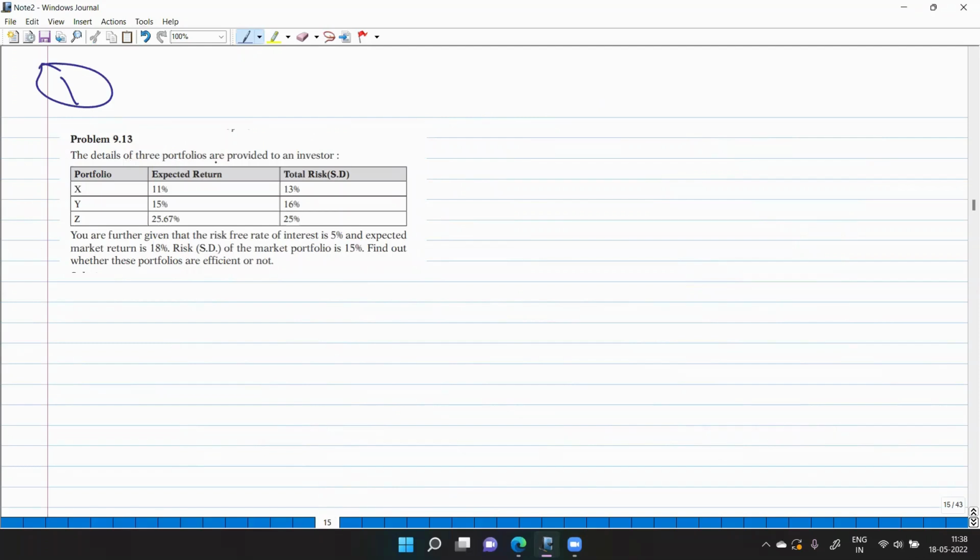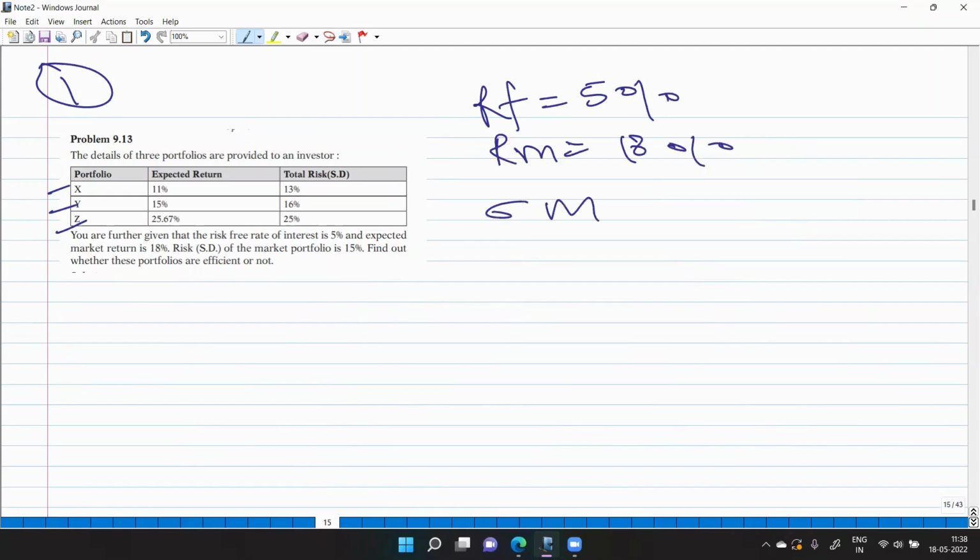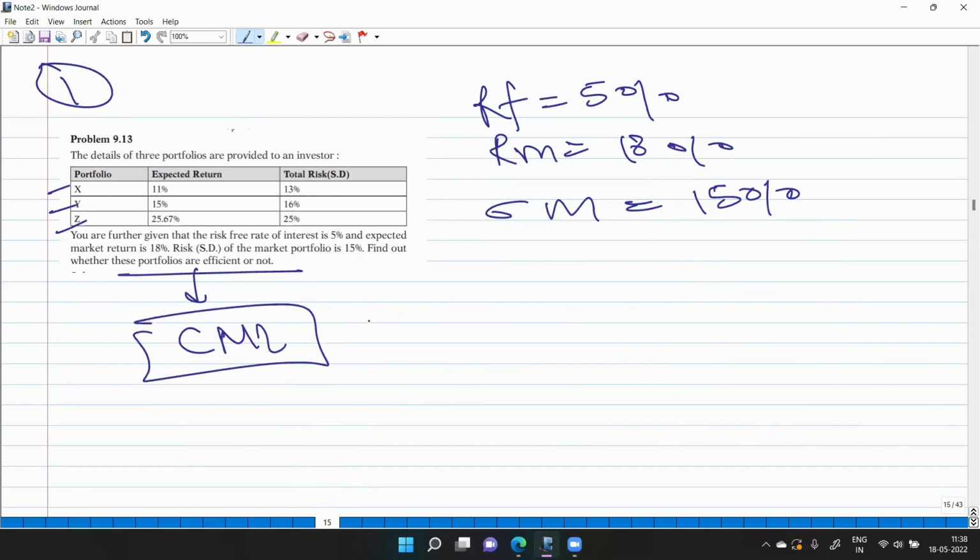The details of the three portfolios are given to you. You are further given that the risk-free rate of interest is 5% and the expected market rate is 18%. The risk of the market portfolio is 15%. Now, find out whether the portfolios are efficient or not. In order to decide the efficiency of the portfolio, I need to do the CML calculation.